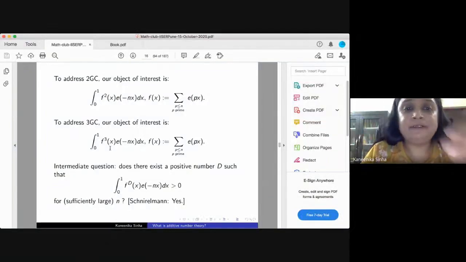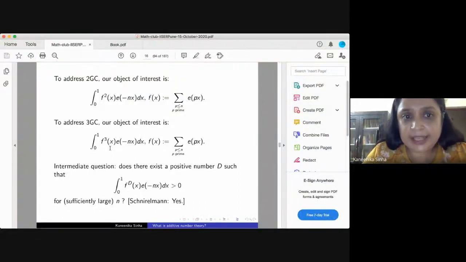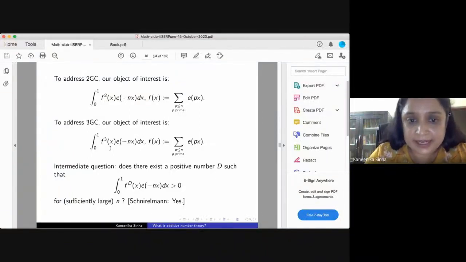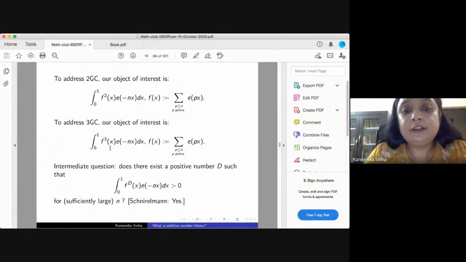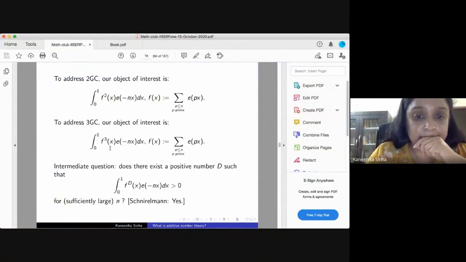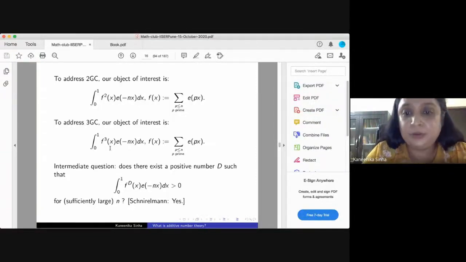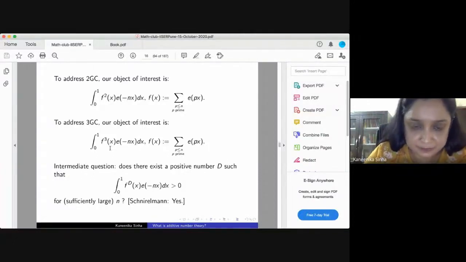Before that, the intermediate question is, even if we don't know anything for these integrals for 2 or 3, can we come up with some positive number d so that the integral of f to the d of x times e of minus nx dx is greater than 0, either for all n or even for sufficiently large n? Schnirelmann said, yes, you can do this for the set of prime numbers.